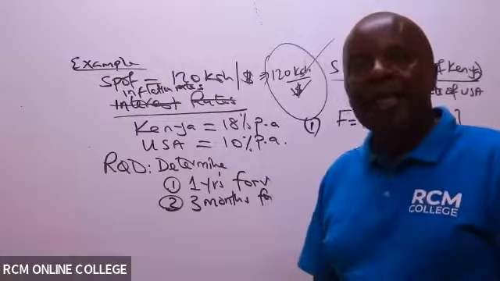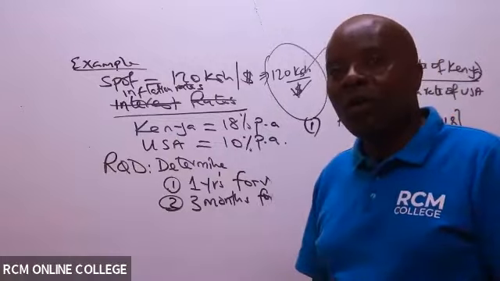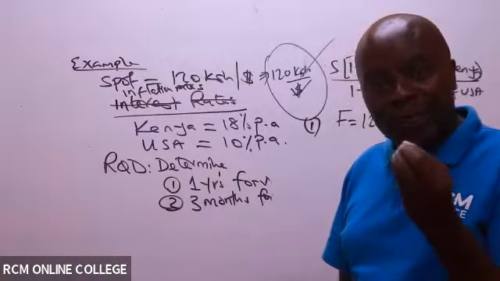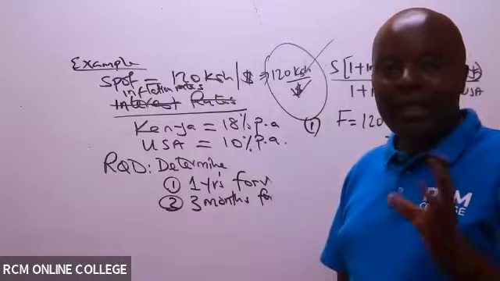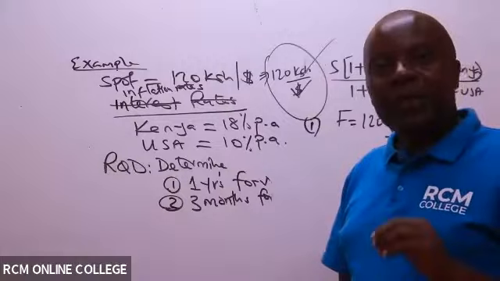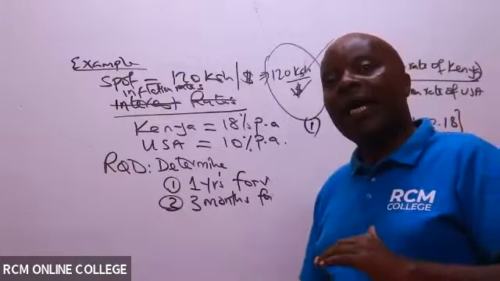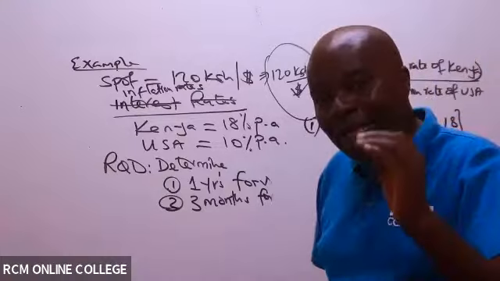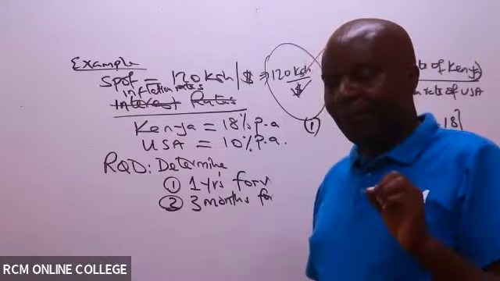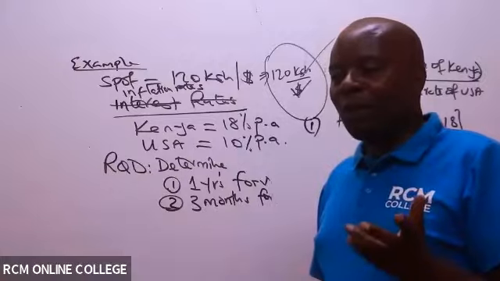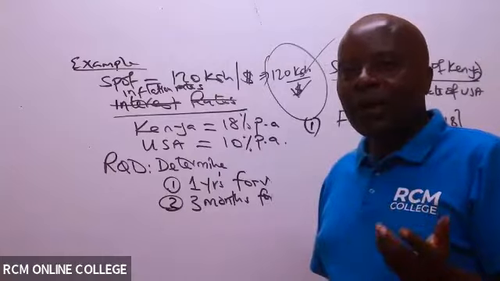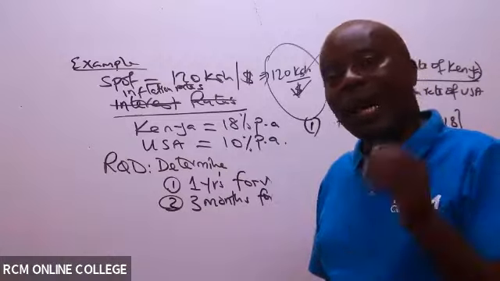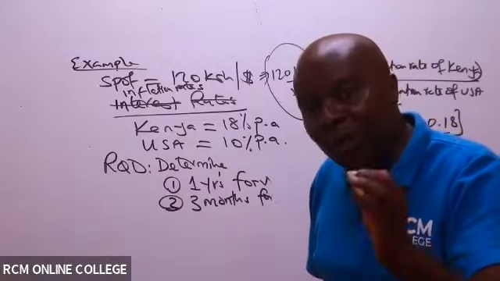Inflation rate is a killer of a country's currency strength. It destroys. Countries that have high inflation rates have very, very weak currencies. Look at, for example, Zimbabwe. Actually, right now it is stabilizing, but some time back Zimbabwe was a hyperinflationary economy.